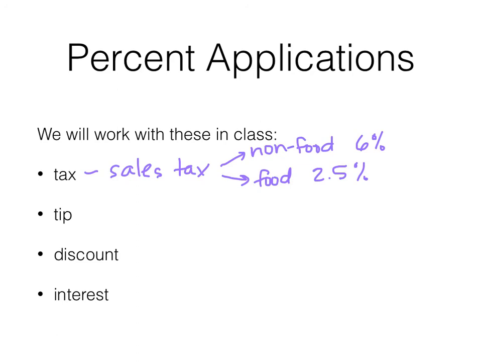Tips, we tip generally in a restaurant. You might tip a hairdresser when you get your hair done. You might tip a cab driver. You know, if you live in a big city, like a New York or Chicago kind of city, you get a great deal more experience with tipping. Valets, stuff like that.